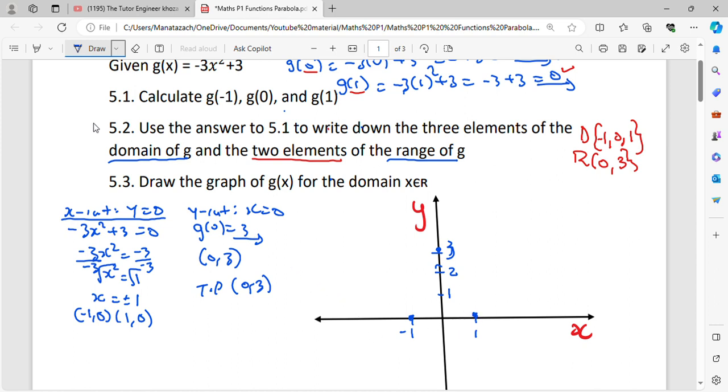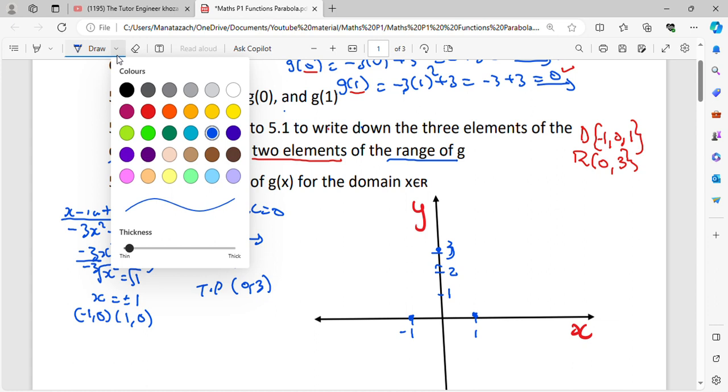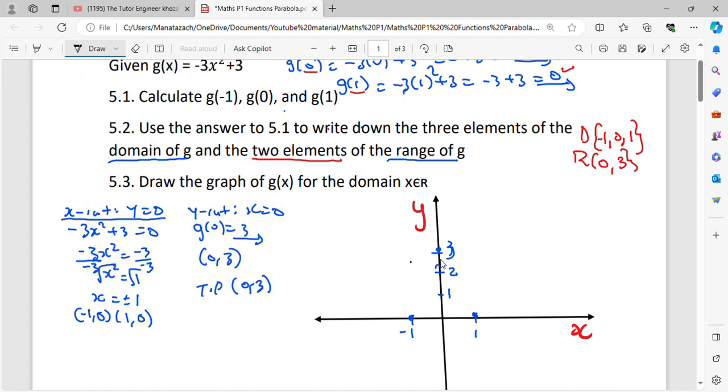So now let's just plot a graph. Just choose a black color for that. So the graph will turn at 3, which is also the y-intercept. So this is graph G.